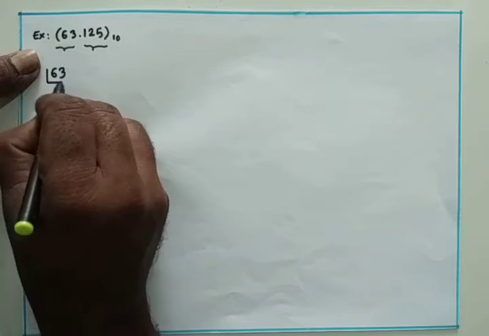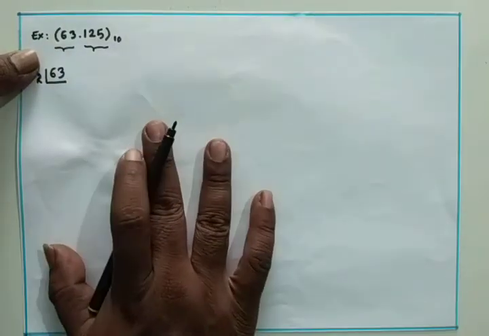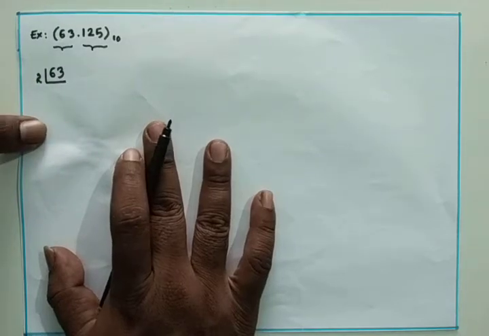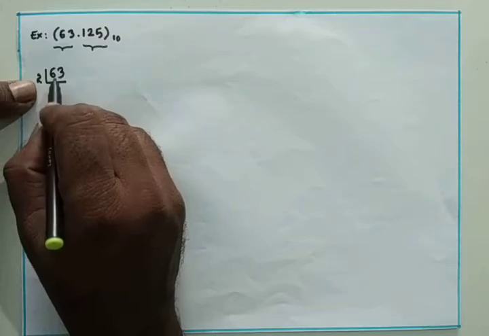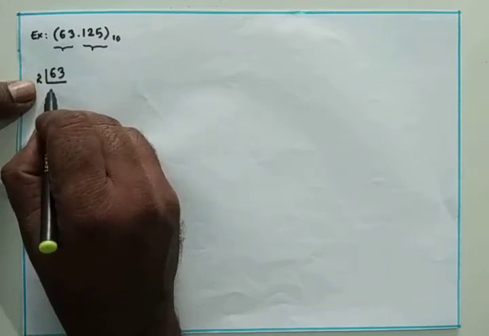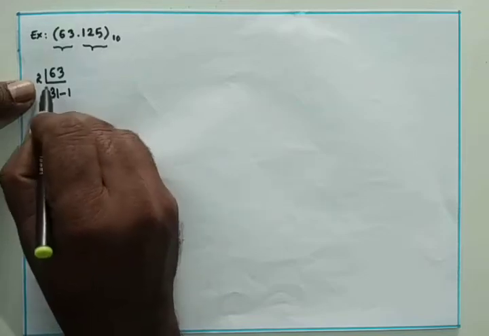63 is successively divided by 2, because 2 is the base of the number in which we have to get the 63. So 2 successively divide, that is 63: 2 3s are 6 and 2 1s are 2, so the remainder is 1.